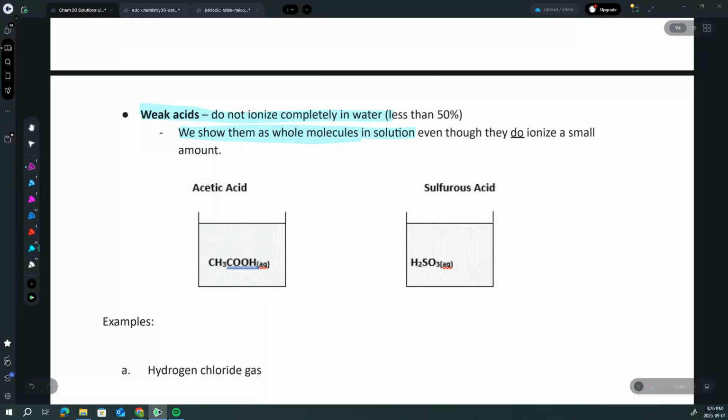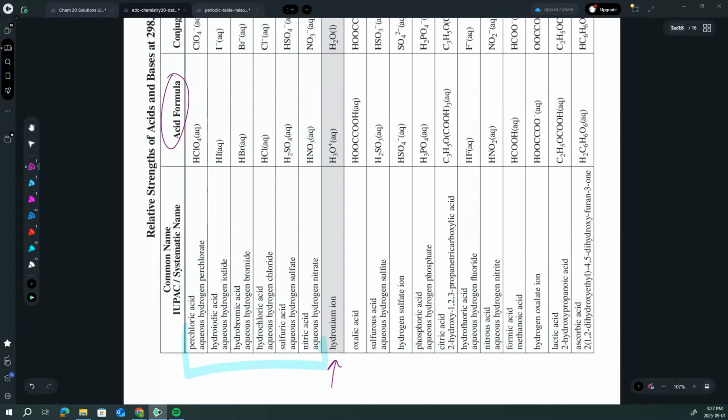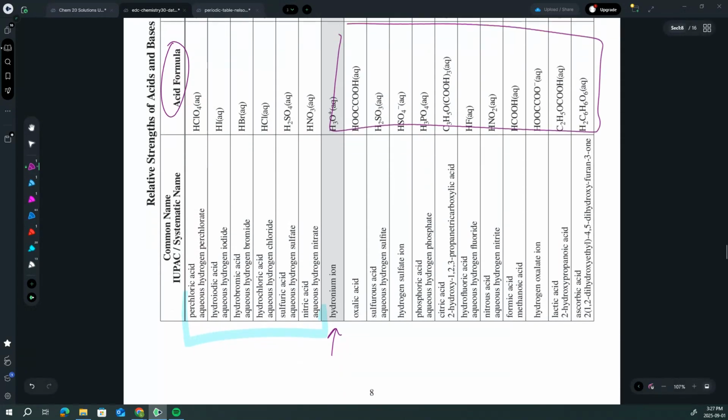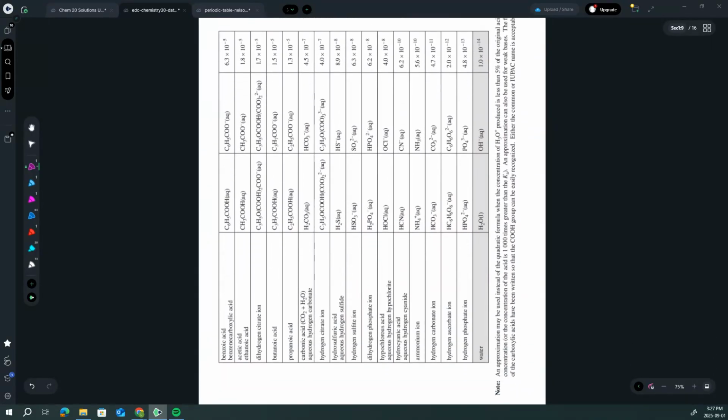So remember, your weak acids are going to be anything below this gray hydronium line, and specifically in the acid formula column. Those are all going to be your weak acids, and this table also continues on to page 9, so all of these here are weak acids as well.